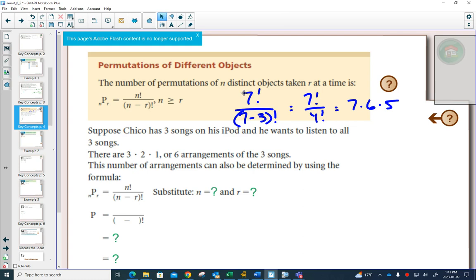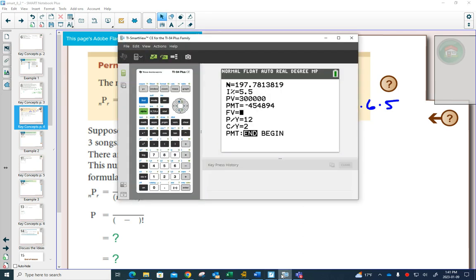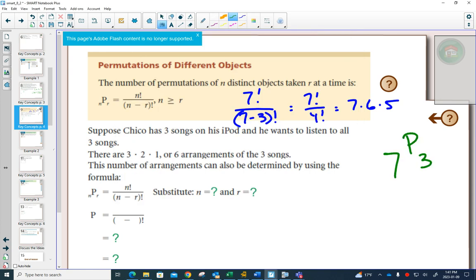This is also on your calculator, so you need to find the permutations button. We're going to plug in 7P3. If you have a graphing calculator that doesn't freeze, it would look similar to this. Hit the math button and go over to probability, and under probability you'll see nPr.